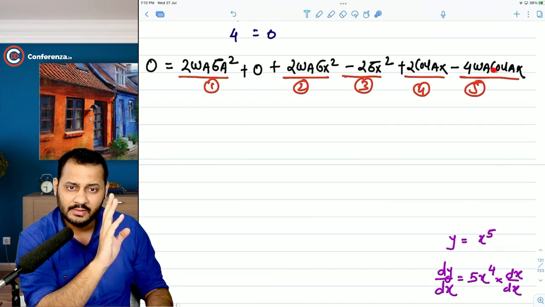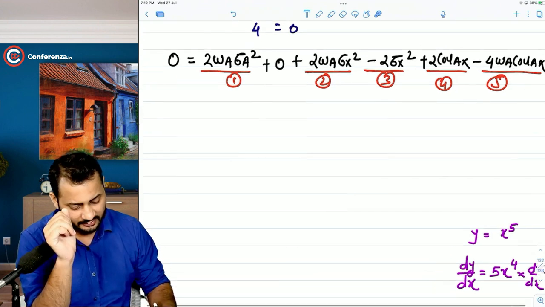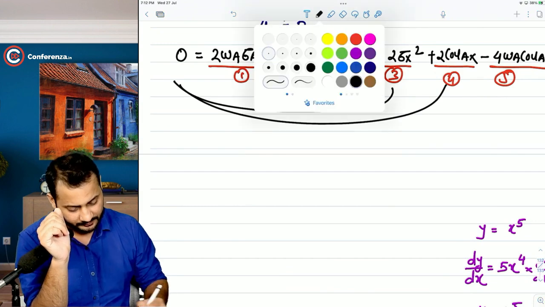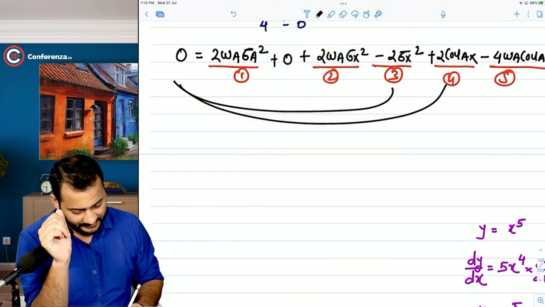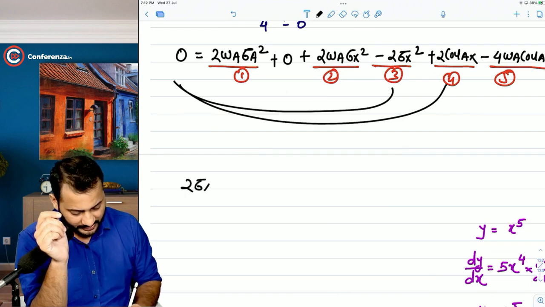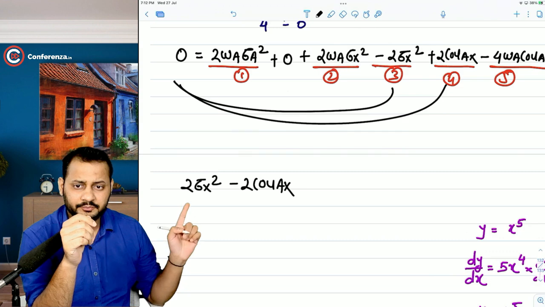minus, instead of that we can easily solve it. Okay, let's take the third and the fourth part on the left hand side. So it will be minus 2 into standard deviation of x square will become 2 into standard deviation of x square minus 2 into covariance of AX. Am I right?